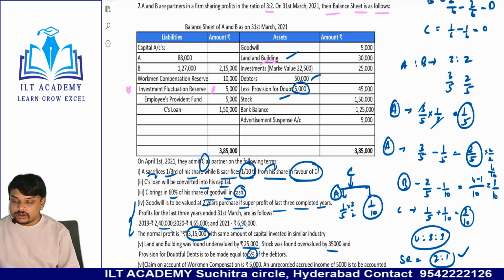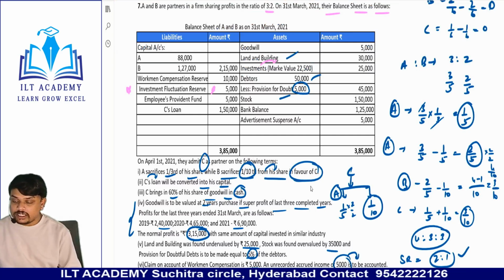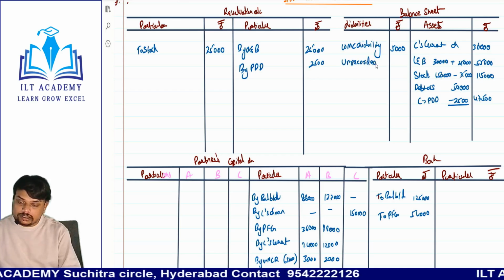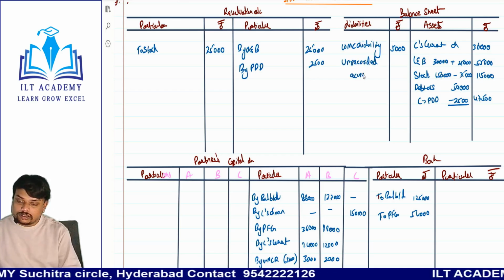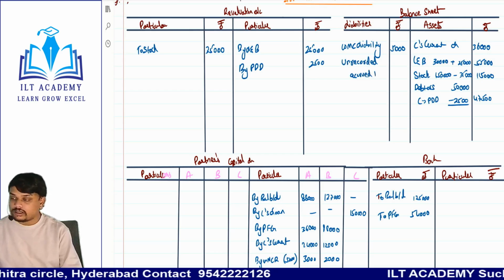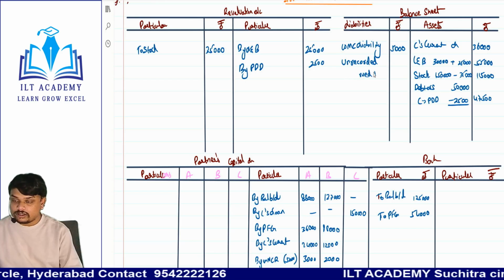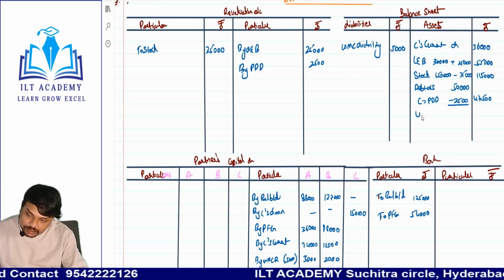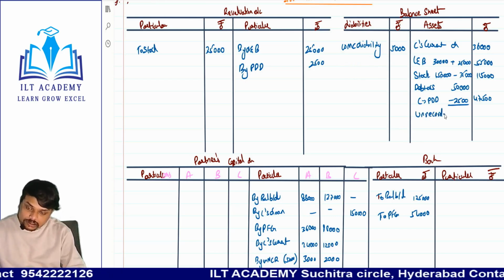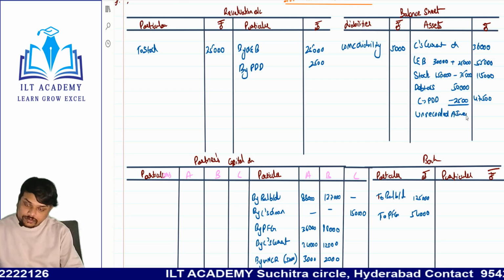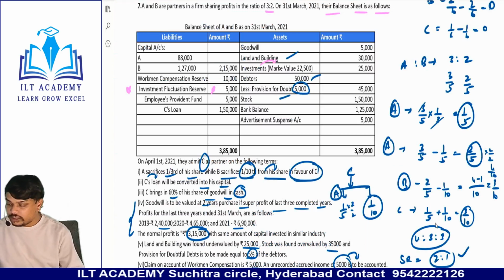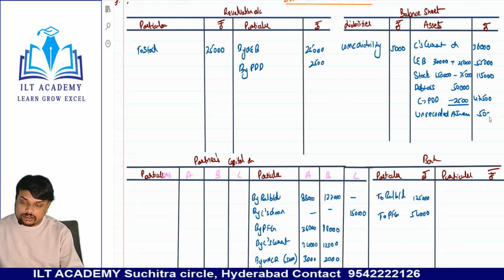An unrecorded accrued income of 5,000 is to be accounted.